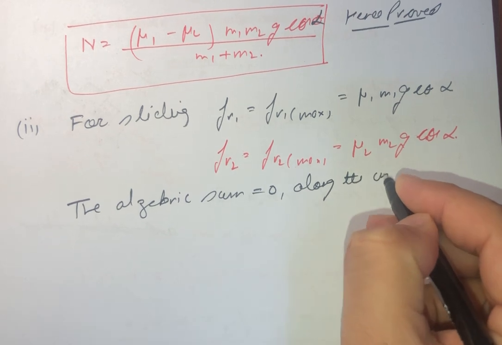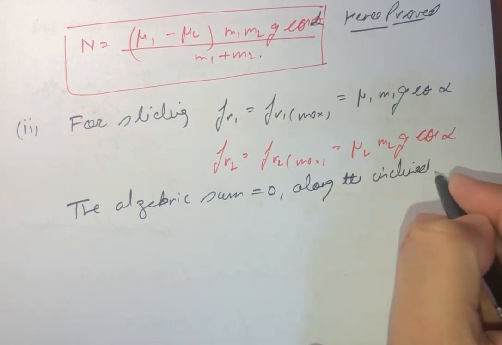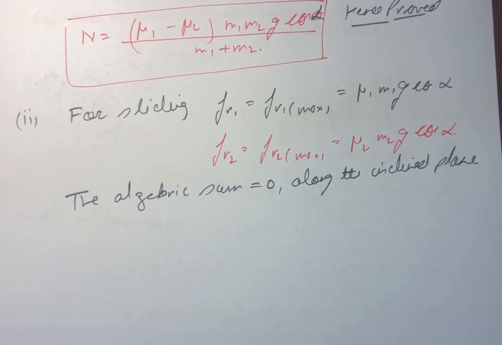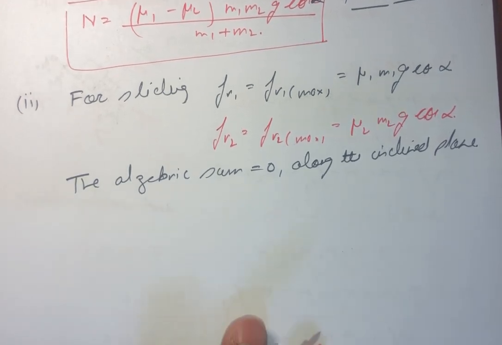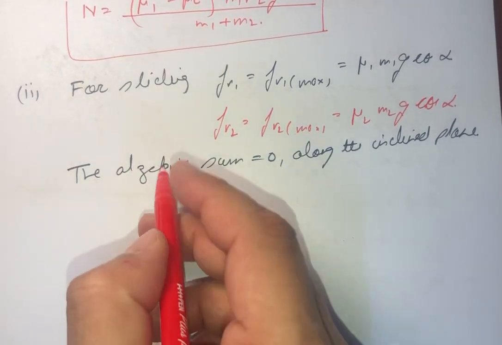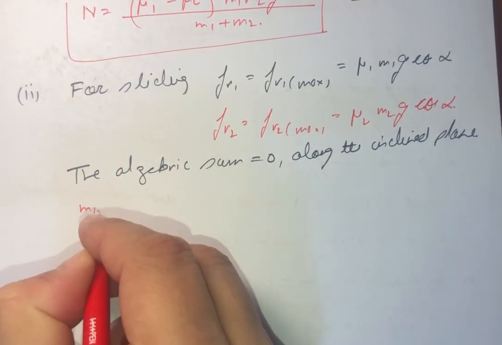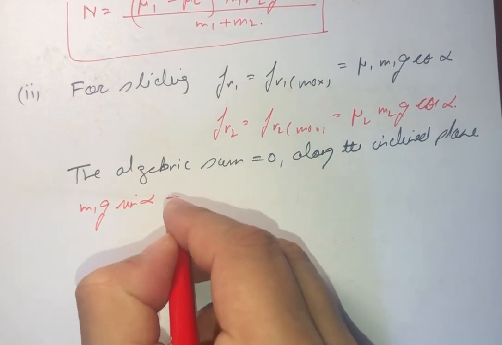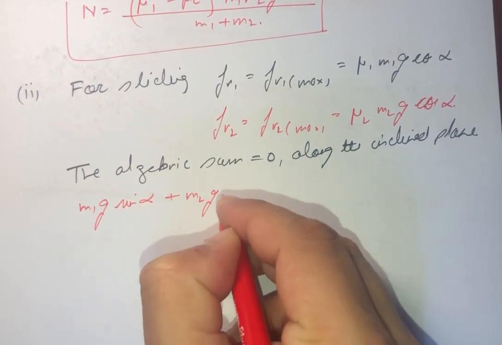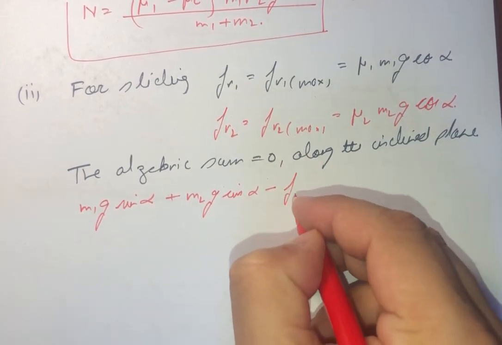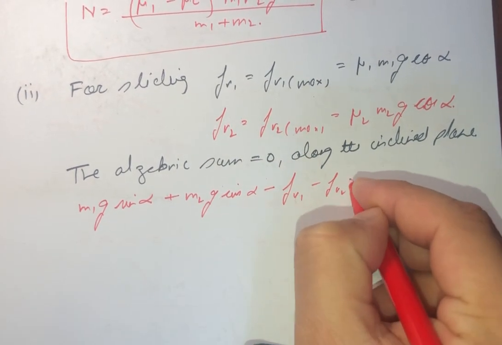That's for sliding. The algebraic sum is equal to 0. So we can write this as m1 g sin alpha plus m2 g sin alpha minus fr1 minus fr2 is equal to 0.